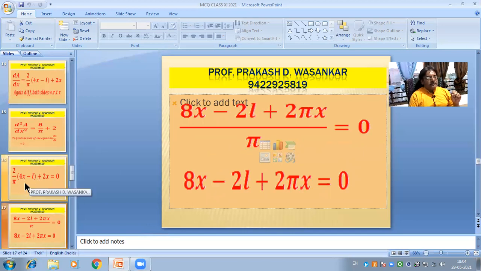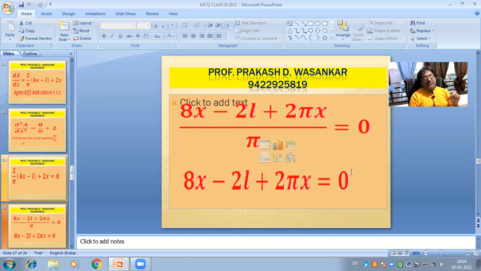multiply by 2, so we get 8x minus 2L, plus cross multiply, then we get 2 pi x upon pi, which is equal to 0. Then pi into 0 is 0. Therefore 8x minus 2L as it is, plus 2 pi x.